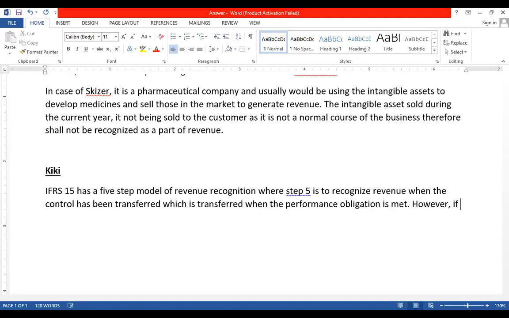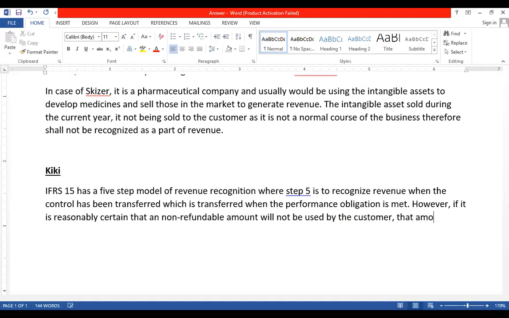However, if it is reasonably certain that a non-refundable amount will not be used by the customer, that amount shall be recognized as revenue along with the consumed amount.